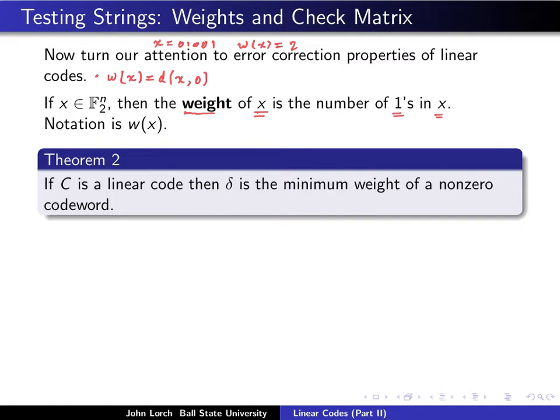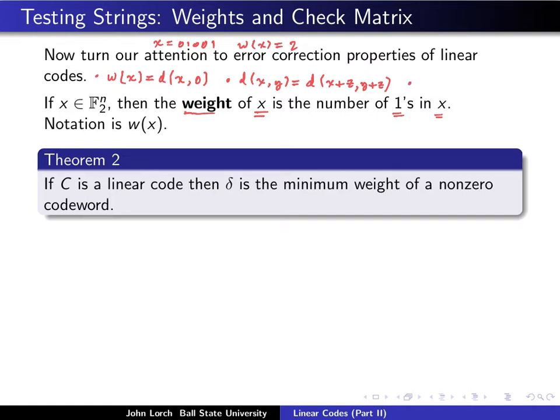Another thing about Hamming distance in F2^n that I want to point out is that if you look at the distance between any two strings x and y, and then you add string z to both x and y, it does not change the Hamming distance. x and y will differ in the same slots that x plus z and y plus z will differ in.